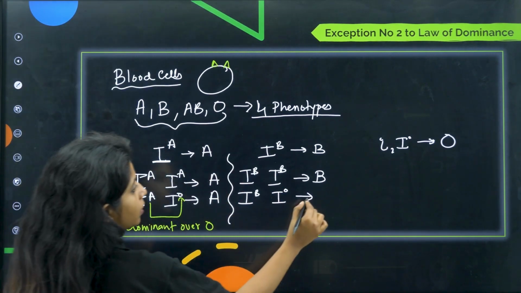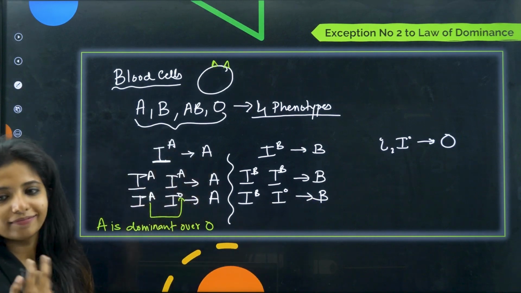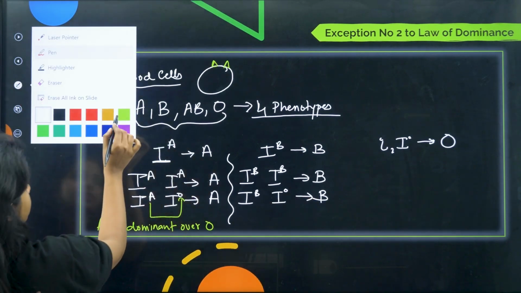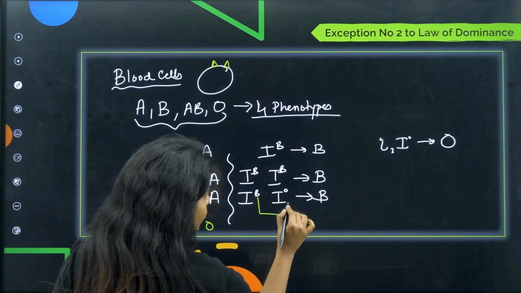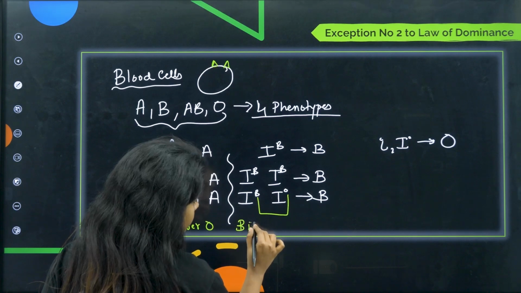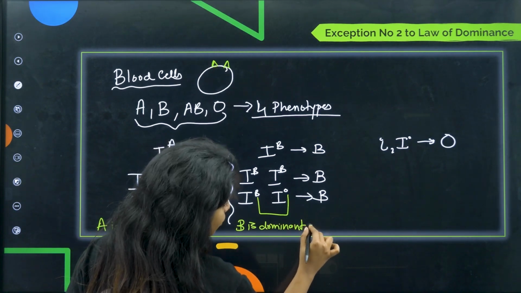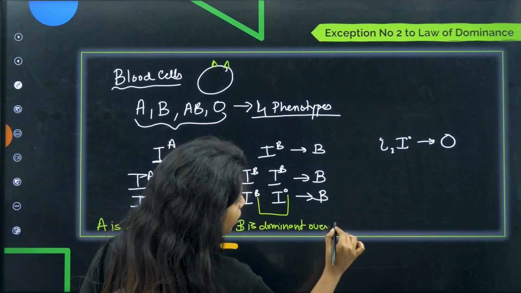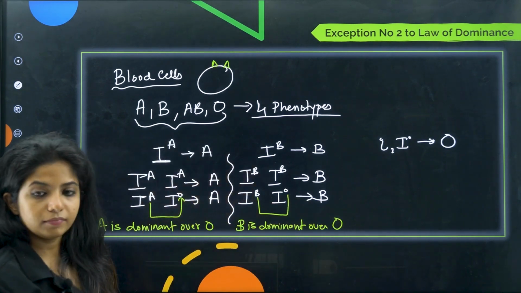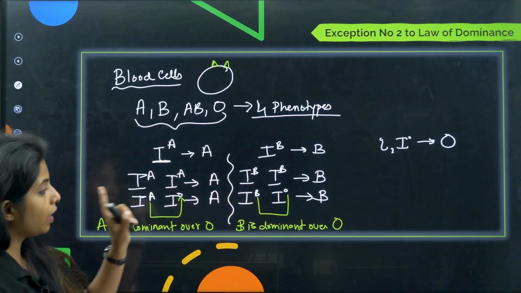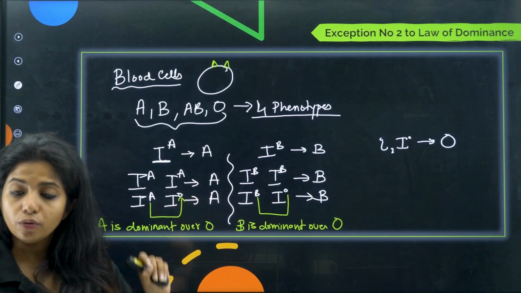Now again you might be thinking, how is that possible? Again, O is recessive. So B is dominant over O. So we got to know A and B both are dominant over O.